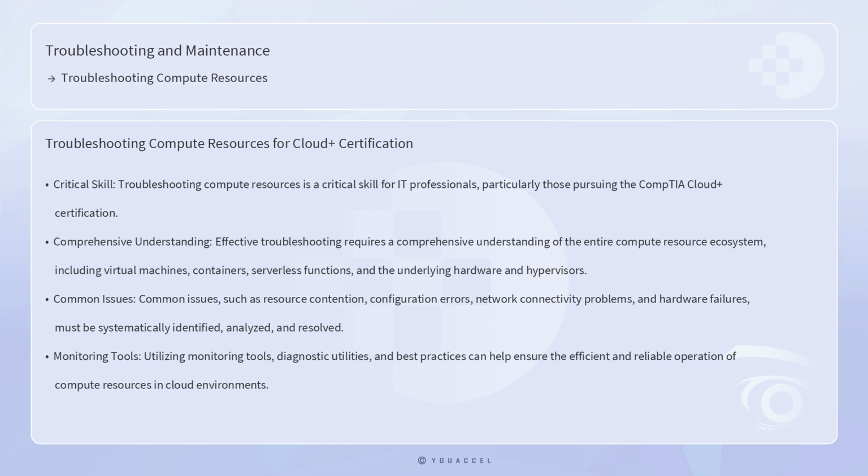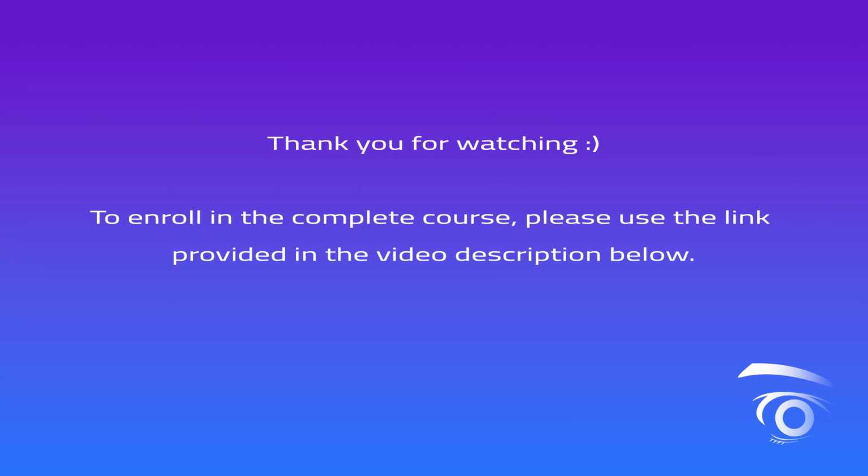Common issues, such as resource contention, configuration errors, network connectivity problems, and hardware failures, must be systematically identified, analyzed, and resolved. Utilizing monitoring tools, diagnostic utilities, and best practices can help ensure the efficient and reliable operation of compute resources in cloud environments. This concludes the lesson.